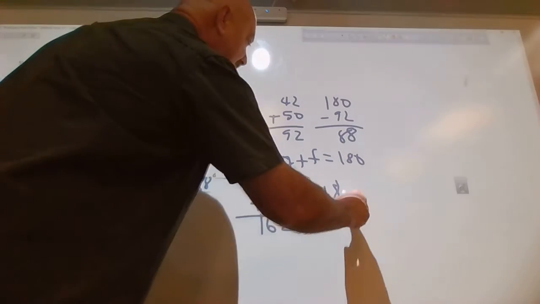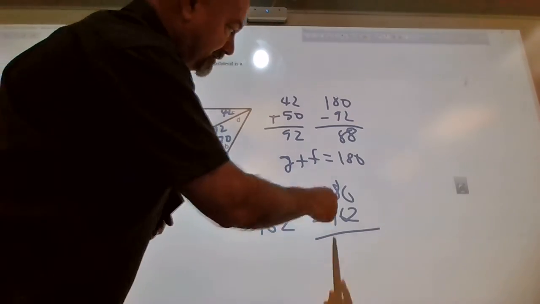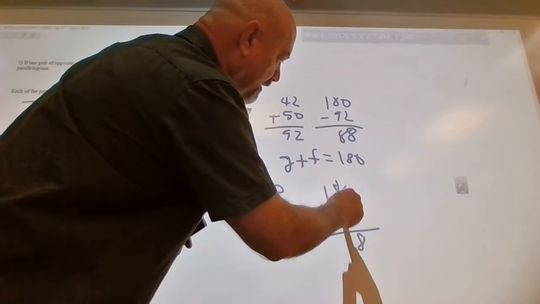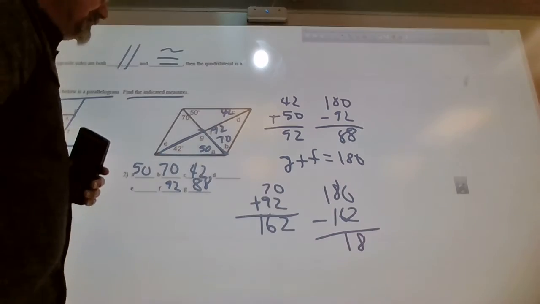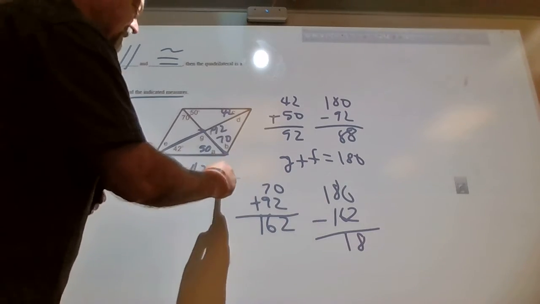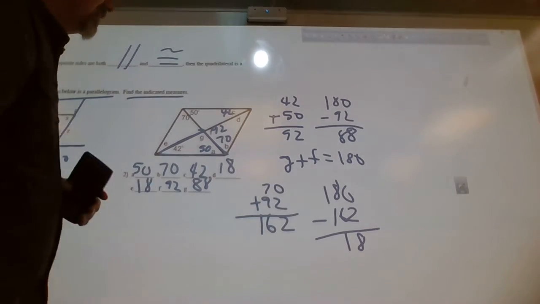Subtract that from 180, 180 minus 162 equals 18. So that means that D is 18 and alternate interior E is 18 also. All right. Let's go to the next problem.